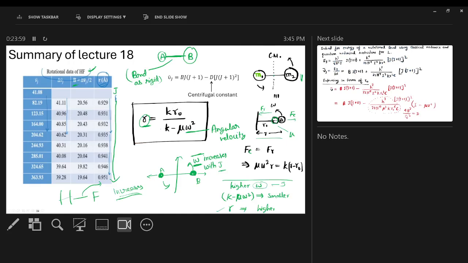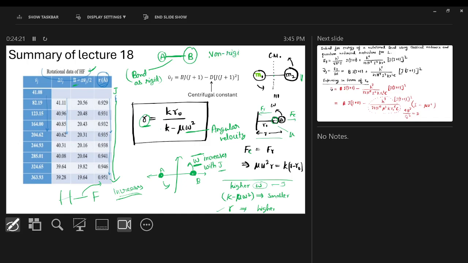So this R increases, and this frequency... so we call this non-rigid rotor.